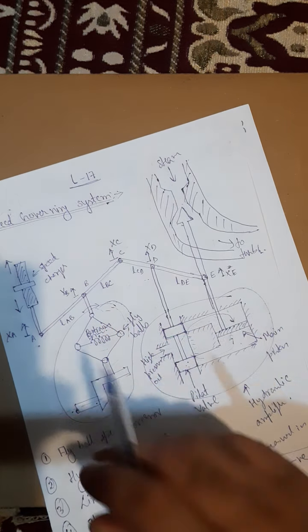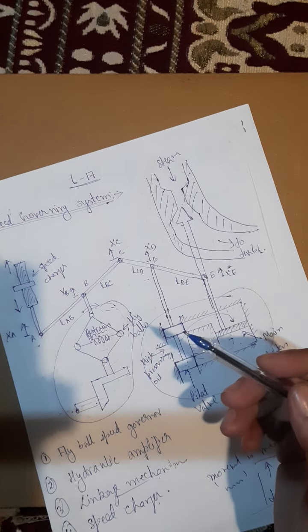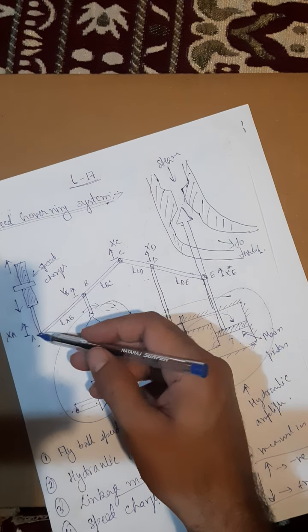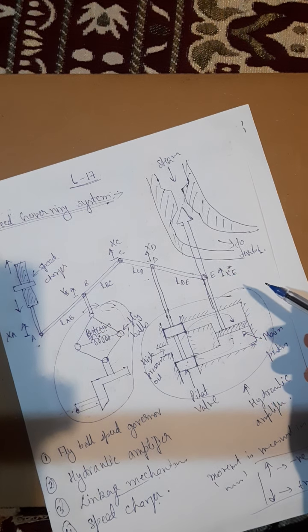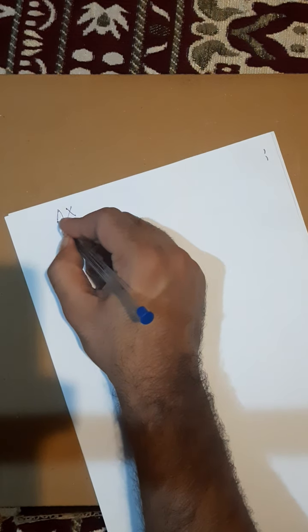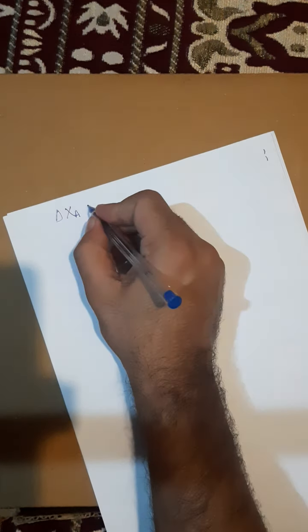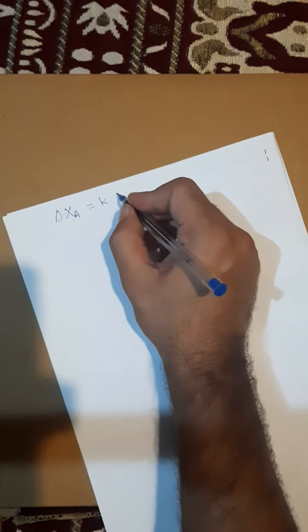This delta XA is the power command which causes the turbine power output to increase, and is written as delta XA equal to K times delta PC.